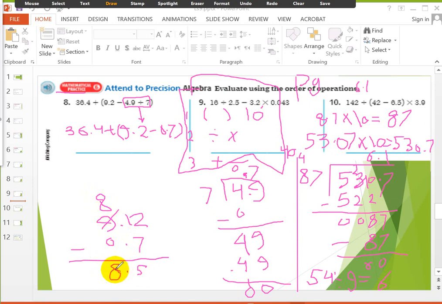So this is the answer for the subtraction between parentheses. So the sentence will be 36.4 plus the answer for this, which is here 8.5.